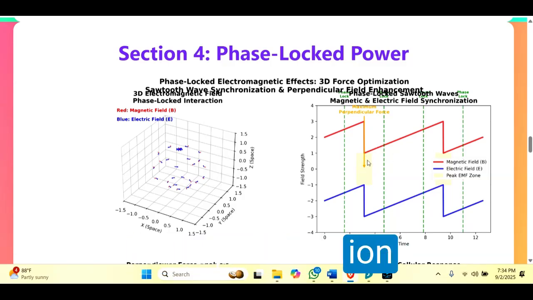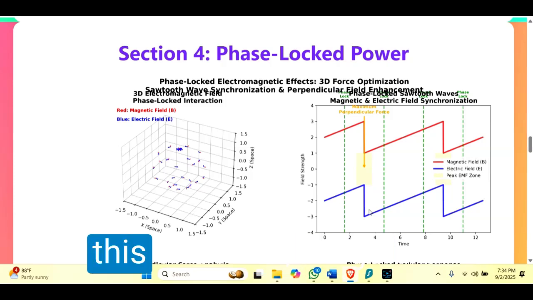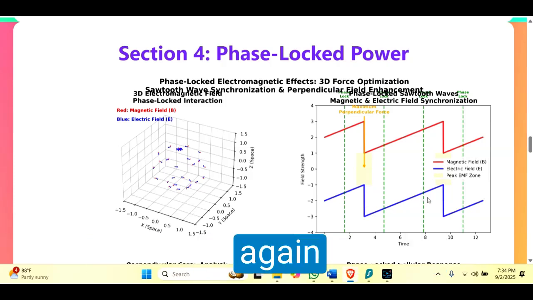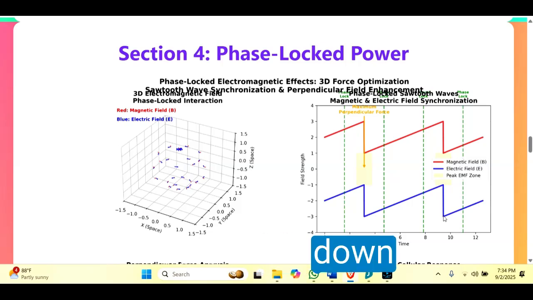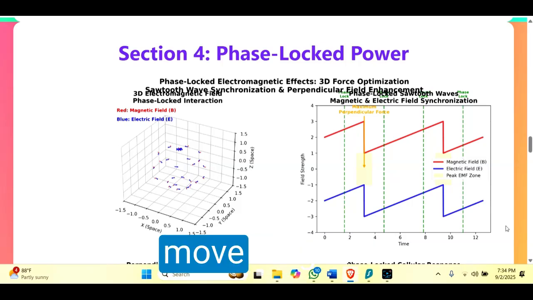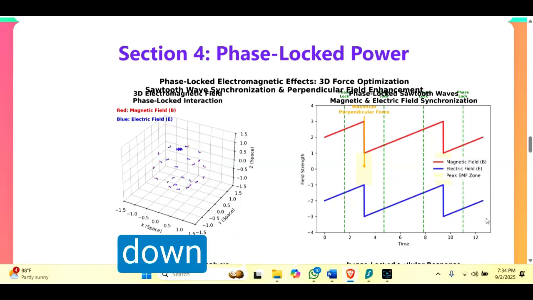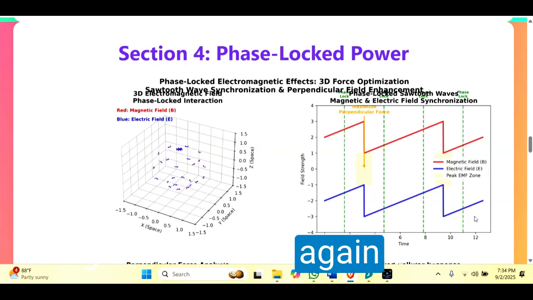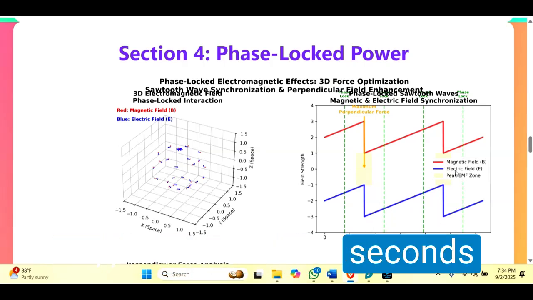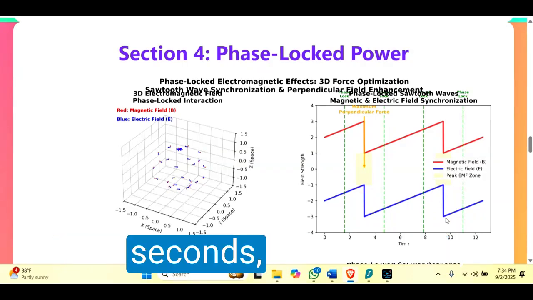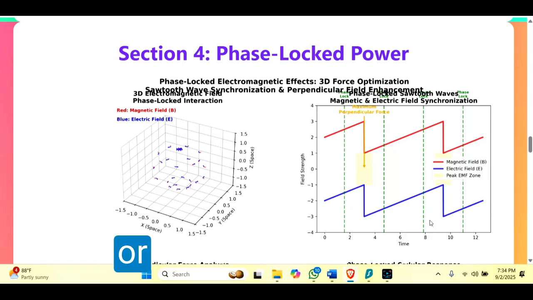You see, so it pulls the ions down here, pulls them in, and then what? Now that it's pulled it this direction, it's going to move it again in the same direction and then pull it some more. Down, down. You see it's down further here? Now it's going to move it again. Now it's going to pull it down again, and it's going to move it again over a specific 4 seconds, imagine these are seconds, in the next few seconds, down further, in the next few seconds, down further, or in the milliseconds, or 1,000th of a second.